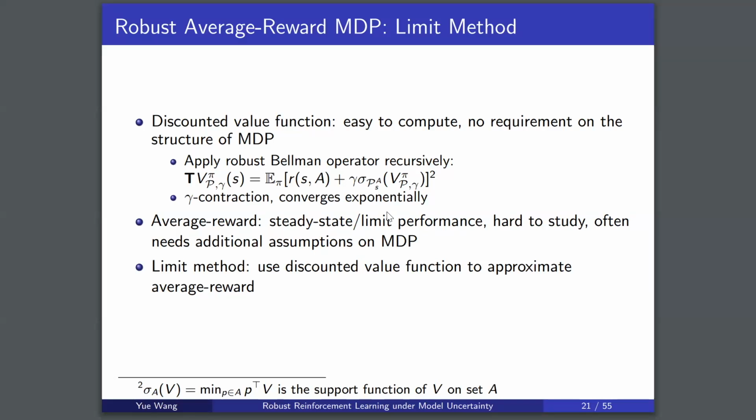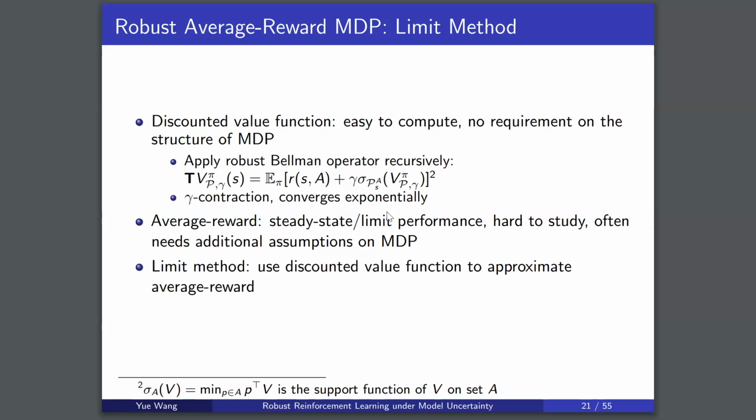Because in the non-robust setting, the transition kernel is fixed, you only need to consider the expectation of the next state under this specific distribution. But in the robust setting, we consider this minimum function, which measures the worst case of the next states.